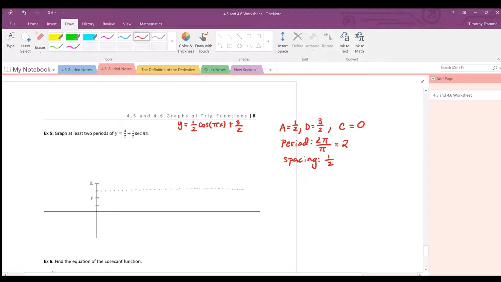Now, let's start thinking about what cosine looks like. Let me put a little sketch here of cosine. Cosine's the one that starts at the top of the wave.